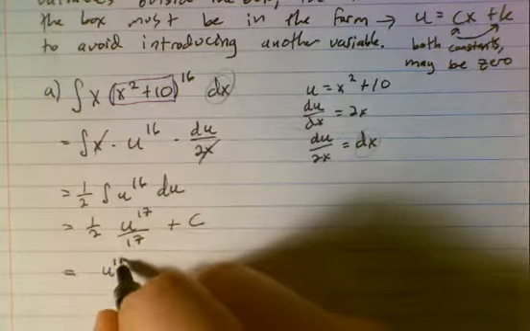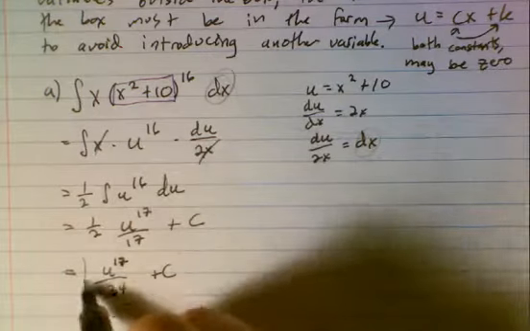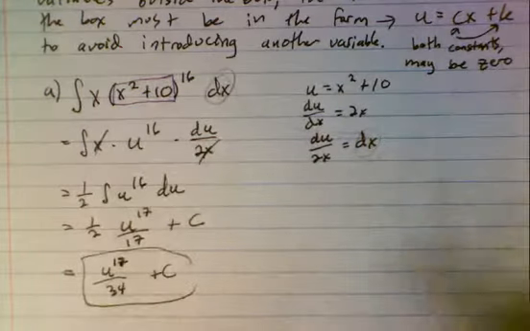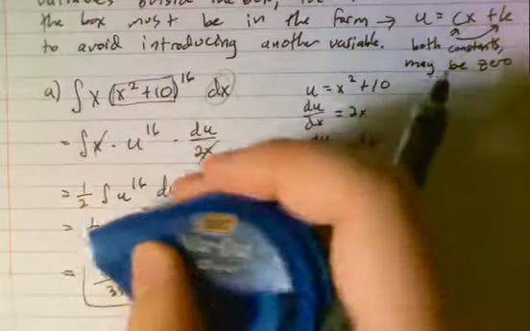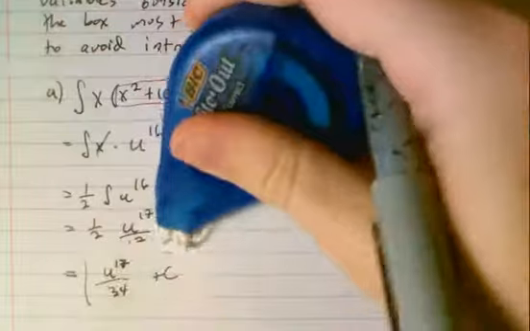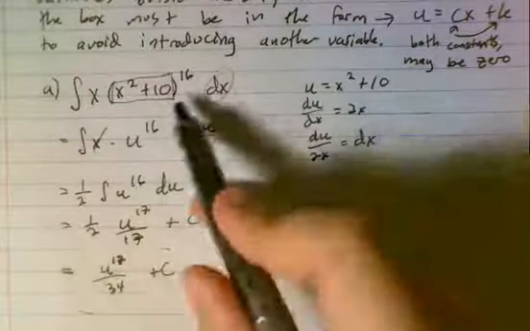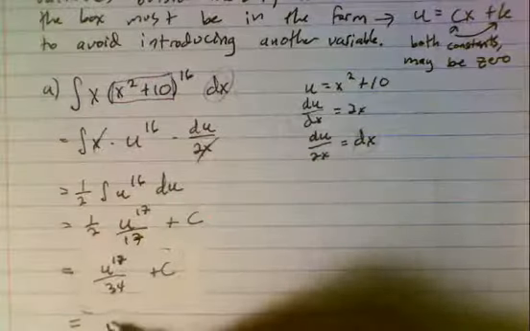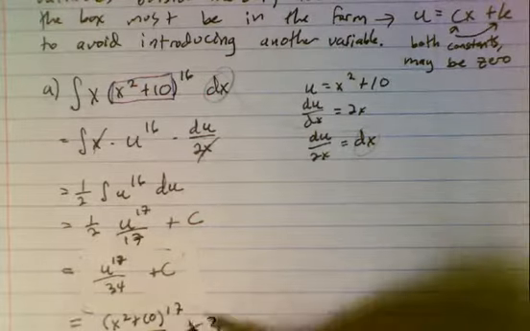We've got u to the 17th over 34 plus c. Oops, that's not quite done yet. We started with x, so we've got to put our x back in, so it's going to be x squared plus 10 to the 17th over 34 plus c.